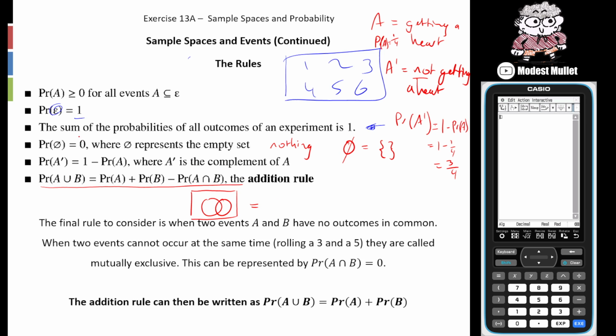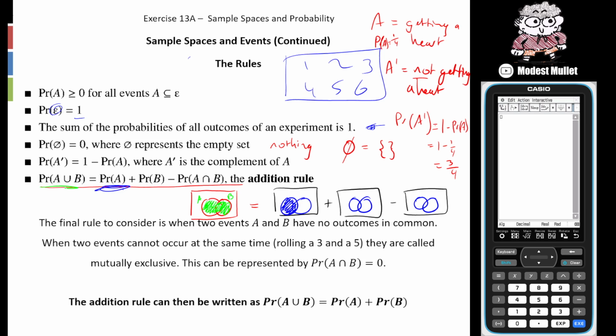So the probability of A union B, which means all of this, and we'll say that side there is A, that side there is B, the probability of all of that must be equal to the probability of A. Let's put all that in blue.